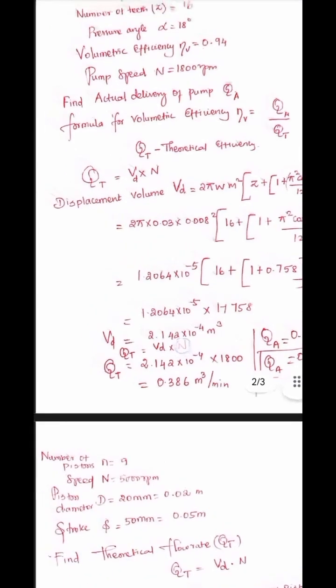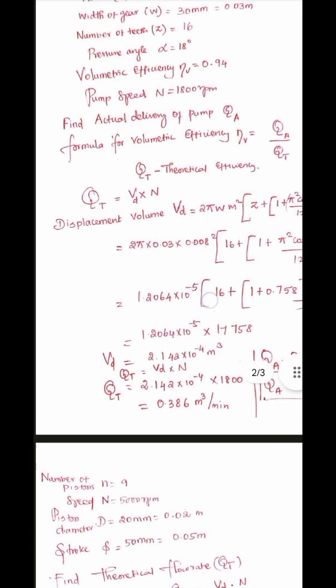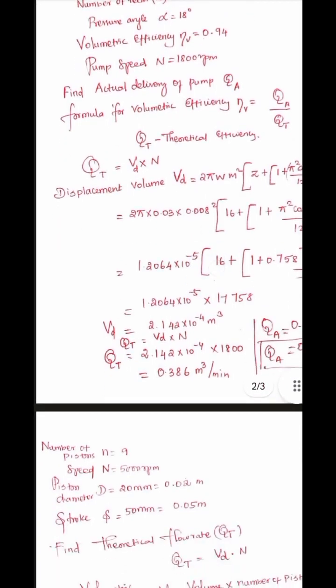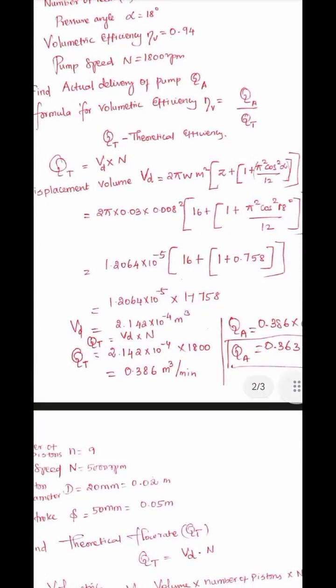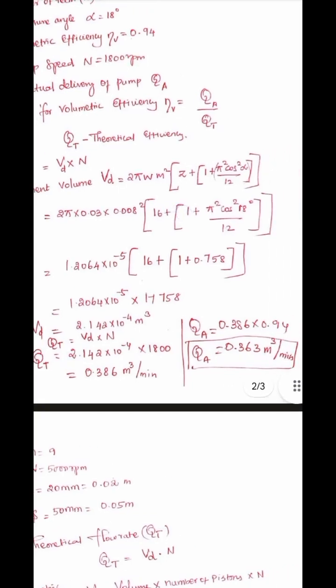First we have to find out Qt is equal to V suffix d into n. So Vd indicates the volumetric displacement. The displacement volume formula we have to know, especially for gear pump, by using the module, number of teeth, the pressure angle, and width of the gear.